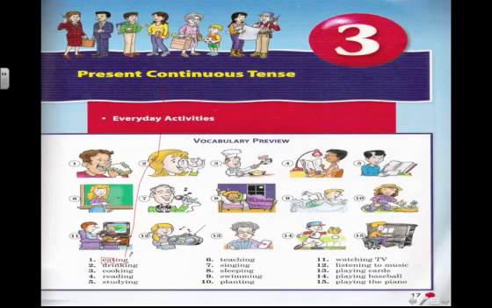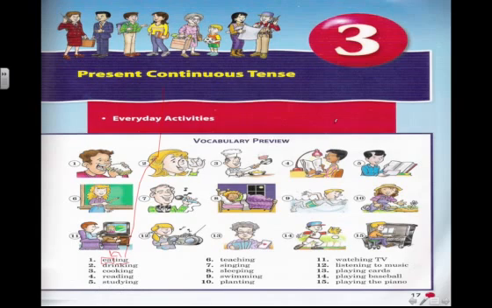When you add ing to the verb, we call this present continuous tense. When you say eating, then he is doing it right now. For example, what are you doing in the class? You say, I am studying.